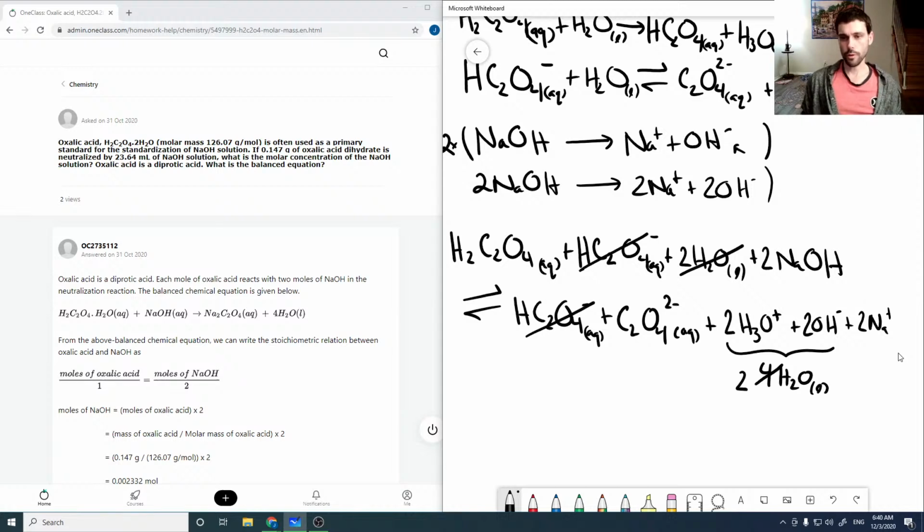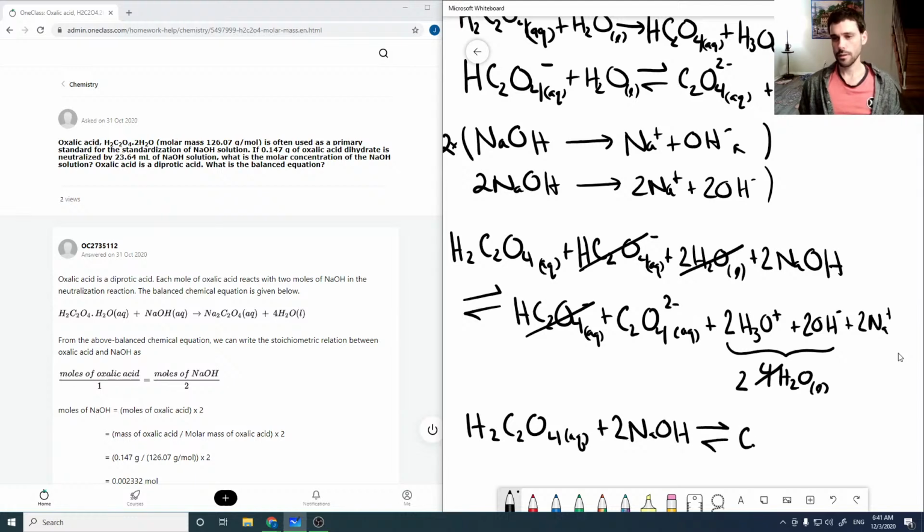And so then in the end, we're going to have H2C2O4 plus 2 NaOH gives us C2O4 2 minus, that would be solid, plus 2 Na plus and 2 H2O.